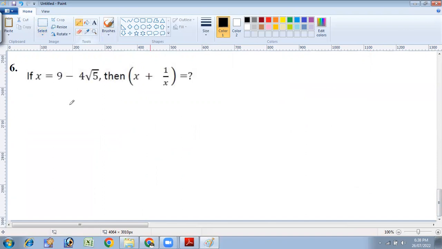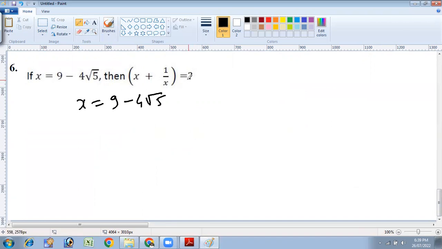Okay, look how to solve this question. The value of x is given, x is equal to 9 minus 4 root 5. Then how to solve? After putting the values, we will make the values equal by the method of cross multiplication.